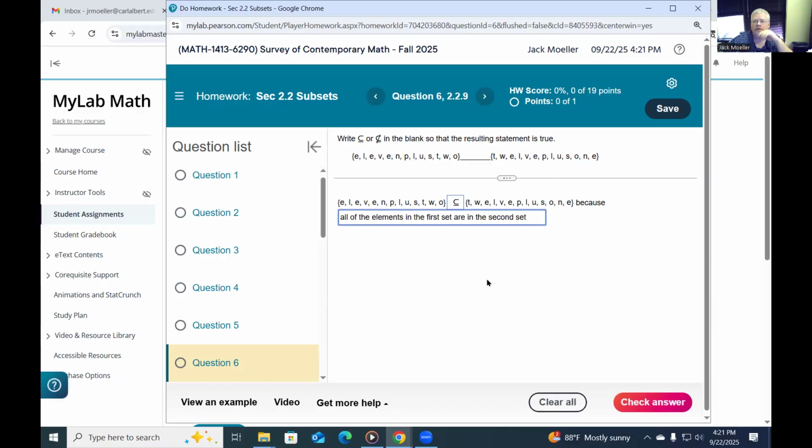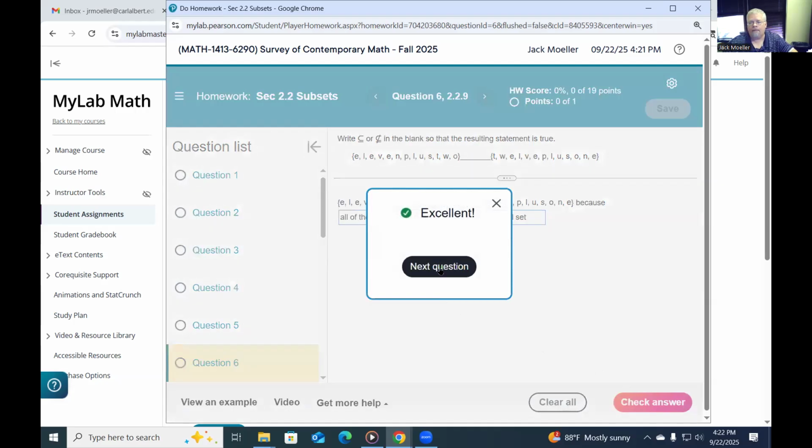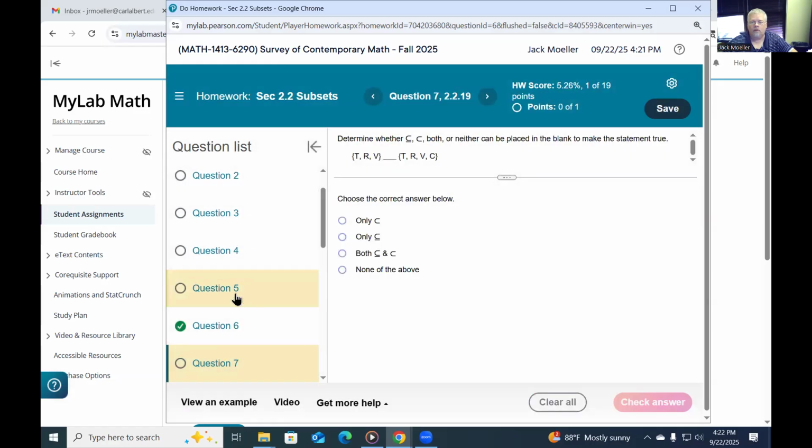Okay. So in the homework, you're going to get questions that ask whether you know the definition. All right, how about this one? Determine whether it's a regular subset, proper subset, both, or neither, to make a true statement. And again, if it is a proper subset, then it is both.